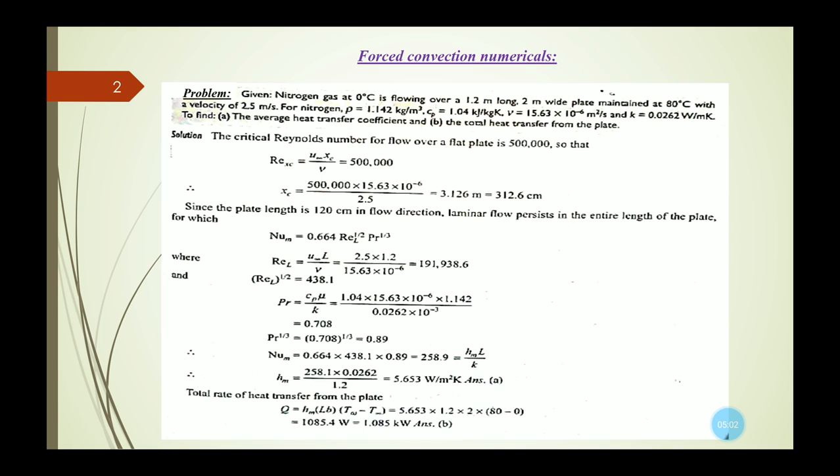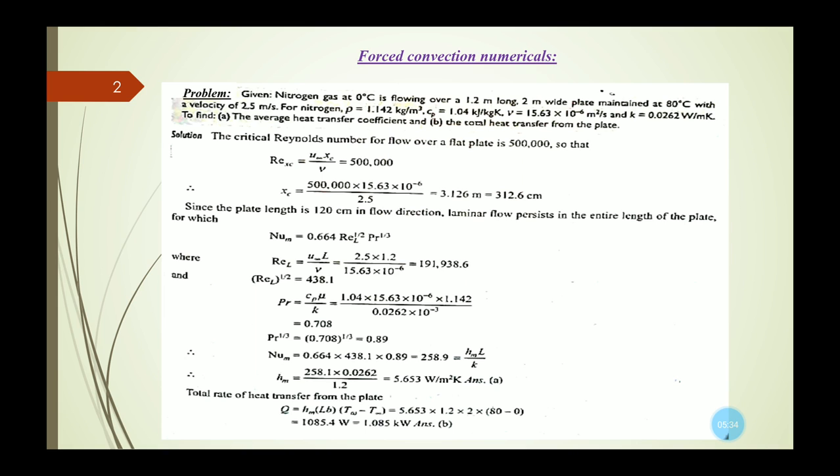Now, to calculate the Reynolds number, we need to use its formula. The Reynolds number is inertia force by viscous force, so ultimately it is ux divided by nu. Here u is the velocity of the fluid, x is the length of the flat plate, and nu is the kinematic viscosity, which is dynamic viscosity divided by density.